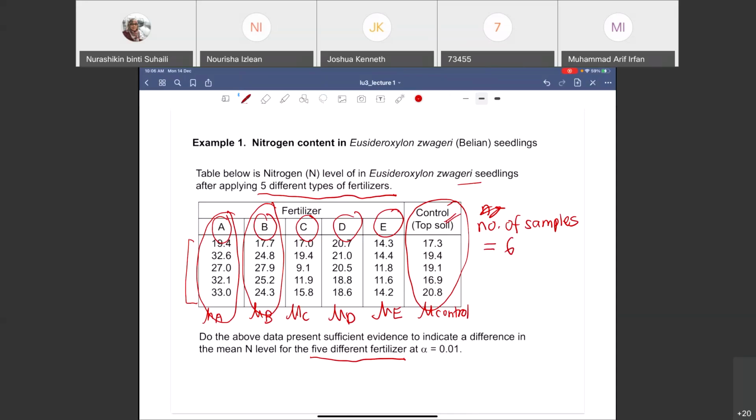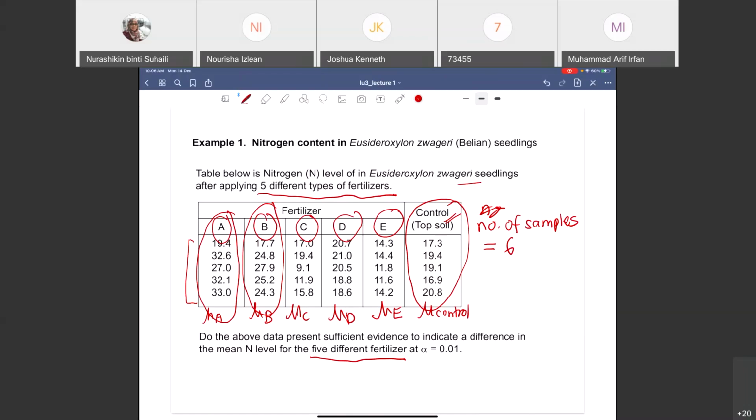You always compare whatever parameter you vary with the control. Is there any difference if you apply fertilizer A compared with the normal fertilizer, or without fertilizer? A control is normally the one without any treatment, without any addition of the things that you manipulate in the experiment. So basically you want to see how it varies.